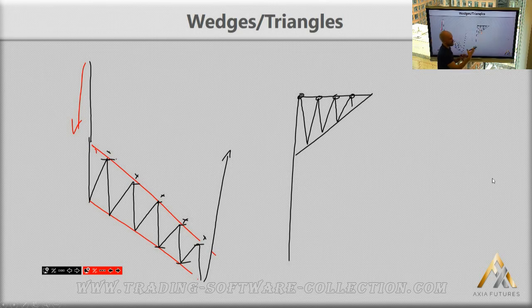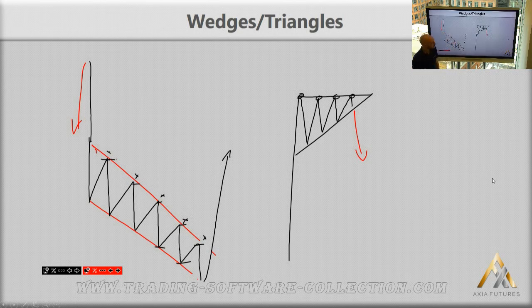So this creates positioning again both ways, and we'll talk about this when we do profile and ledges. It's a similar kind of principle: each of these pullbacks, people are buying it and buying it and buying it, thinking, right, it's definitely going to break this level. The problem is, if it doesn't, you've then built up quite a lot of positioning here that is all going to snap together to the downside.